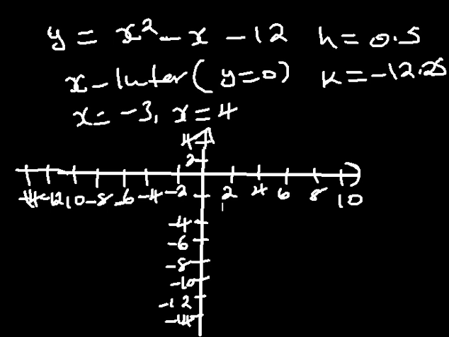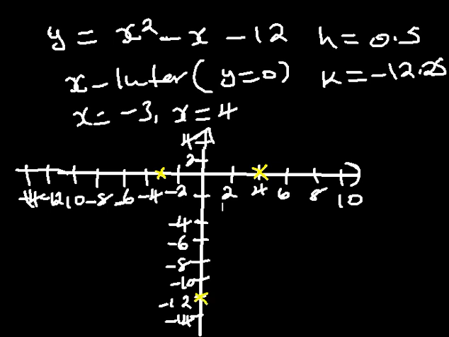Then let's think of highlighting the x-intercepts. We have negative 3, that is to be somewhere here, and we have positive 4, that is somewhere here. Then I will highlight the y-intercept, that is negative 12.